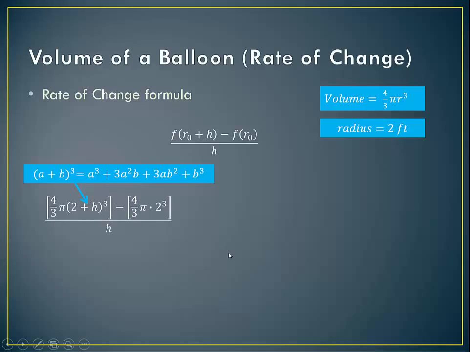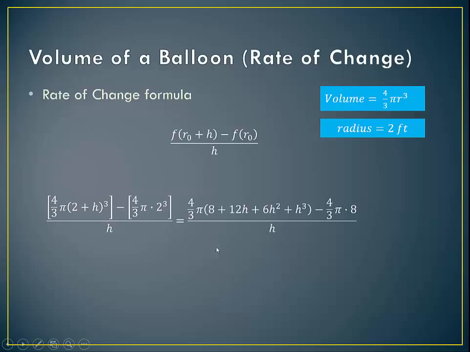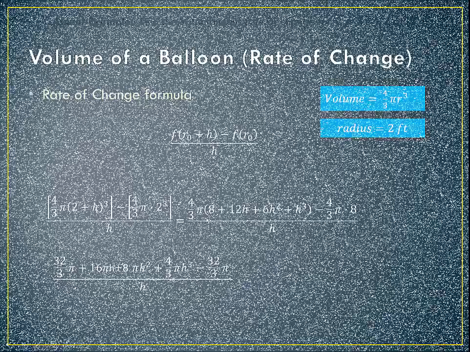And then I cubed the last one. So that's how I got this. So this is my 2 plus h cubed, my 8 plus 12h plus 6h squared plus h cubed. Only other thing I did here is I went ahead and I cubed the 2. I'm going to distribute the 4/3 pi times 8, 32 over 3 pi.